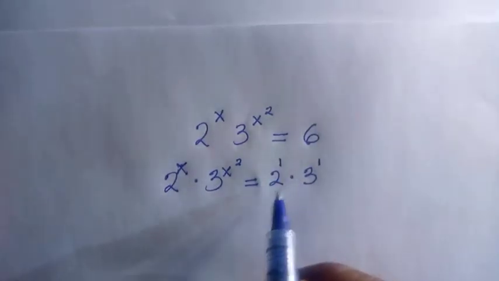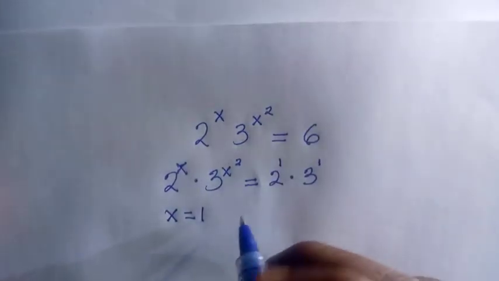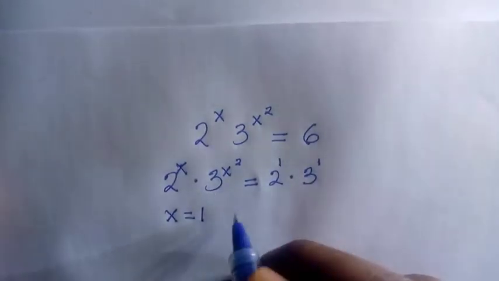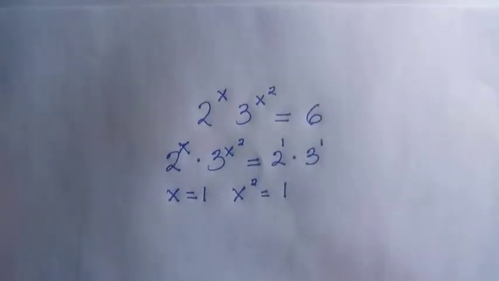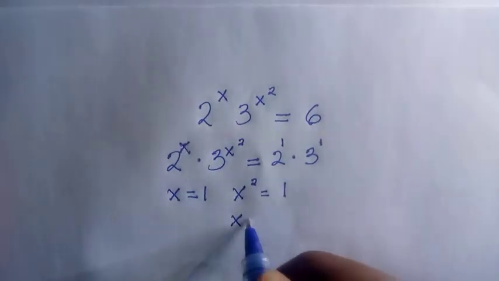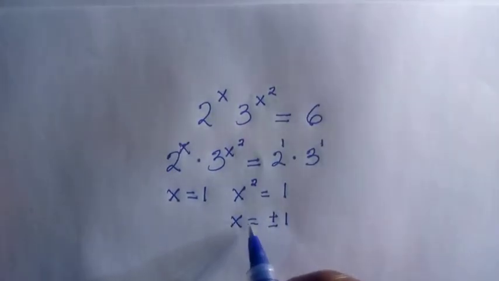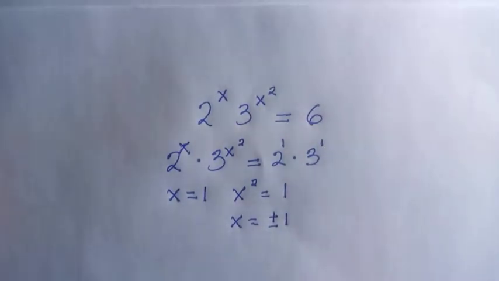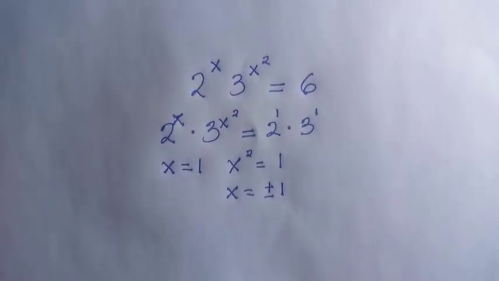Since we have base 2 on both sides, the value of x here is 1. For the base of 3, we have x squared equals 1, and by taking the square root, x is plus or minus 1. But only plus 1 satisfies, so the negative is not the solution. So this is the first one, at x equals 1.